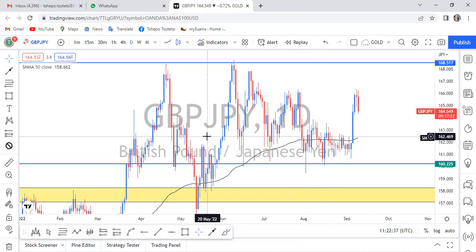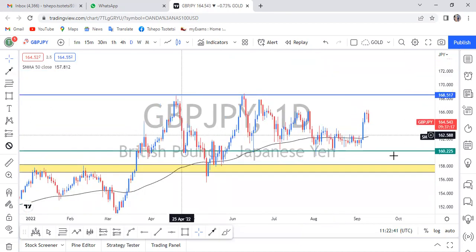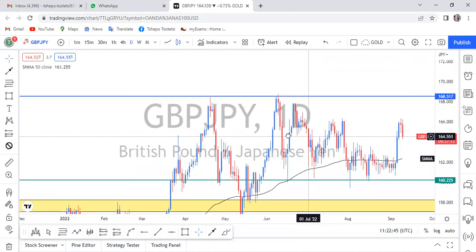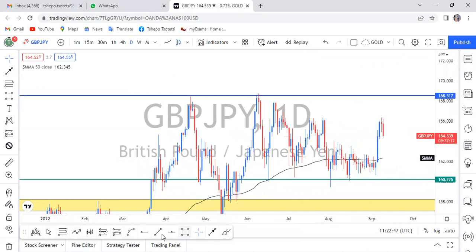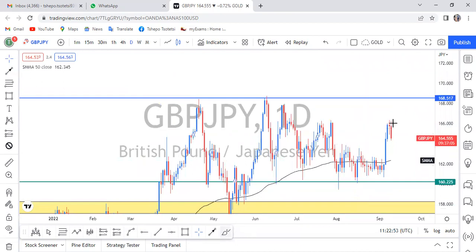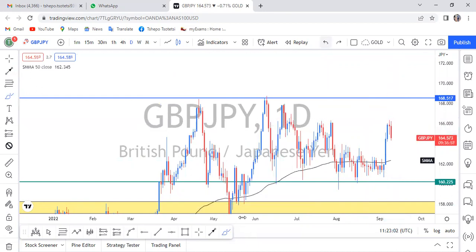So let's look at the 4 hour. I want us to see how we trade price at support. We can see here price is rejecting. Why is price rejecting here, guys?